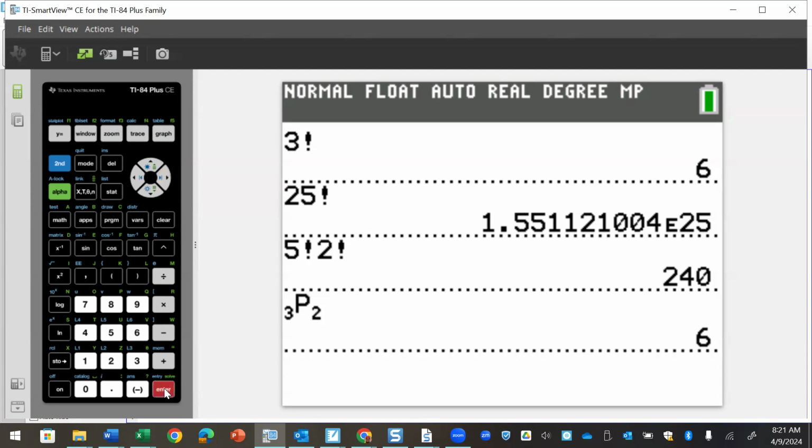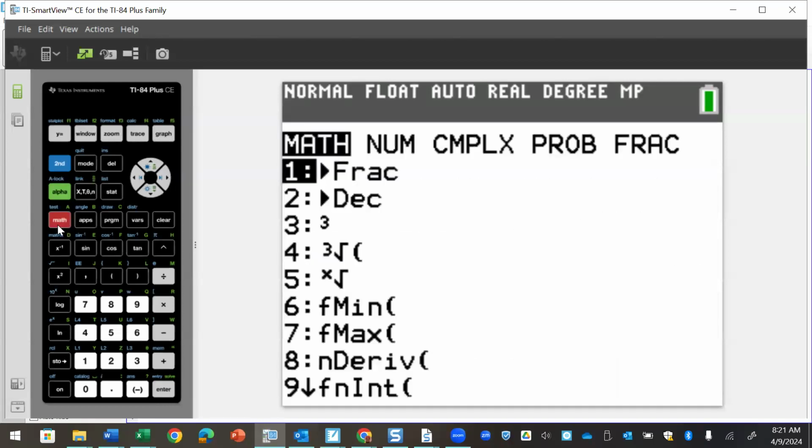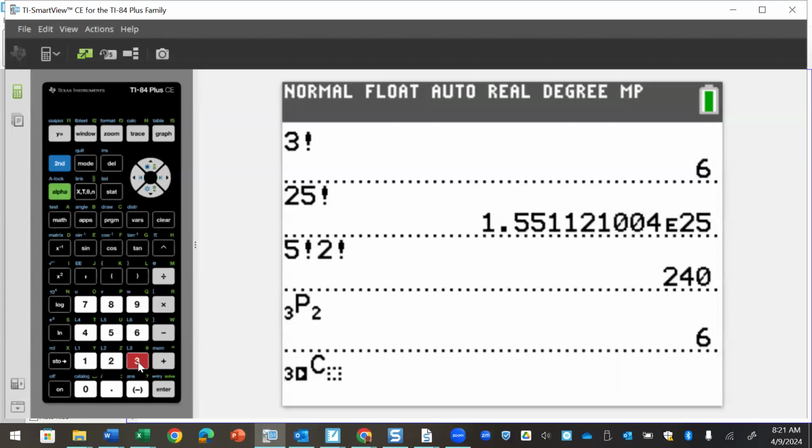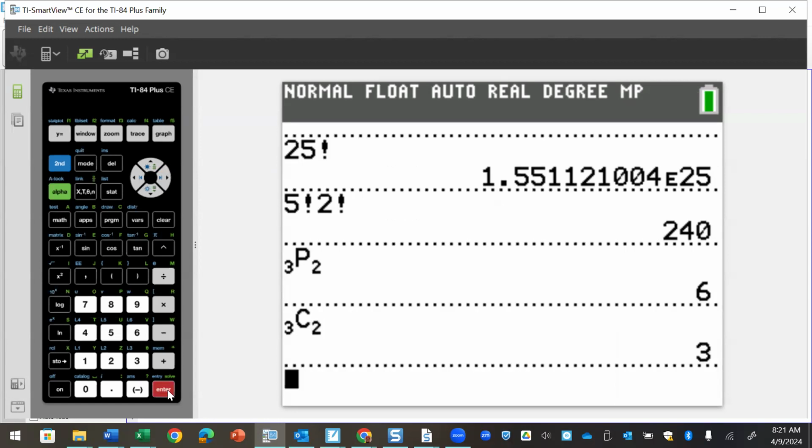And sure enough, gives me 6. Okay, and same thing, but nCr. Should be 3.